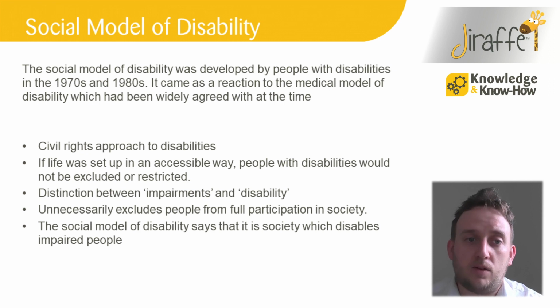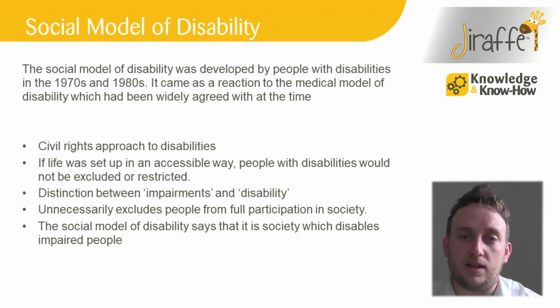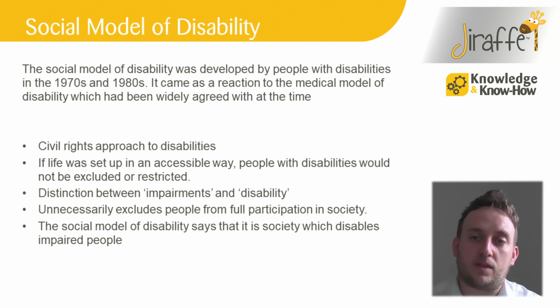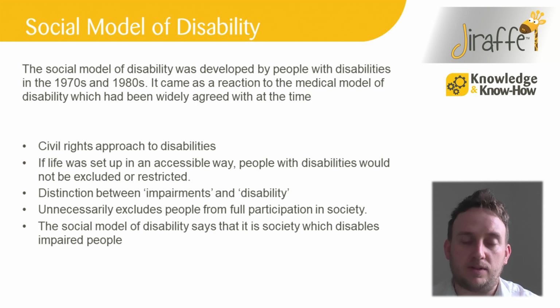Another reason why the social model of disability was put together is to look at civil rights approaches to disability, and like I mentioned, distinguishing the differences between impairments and disability, and people being unnecessarily excluded from society due to their impairments.